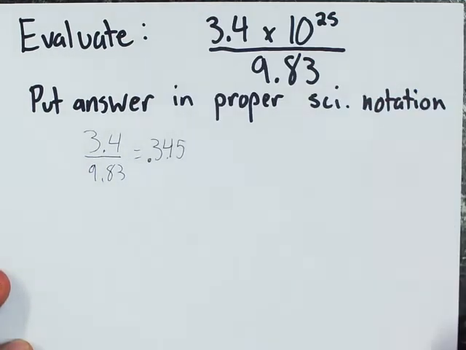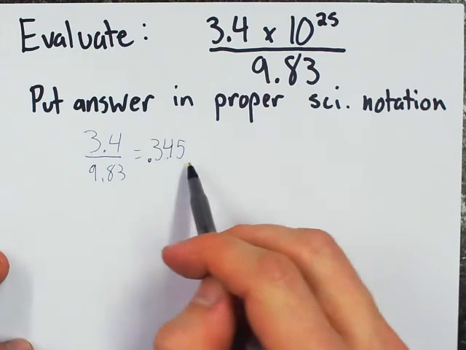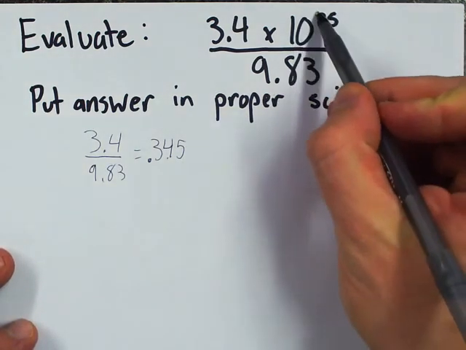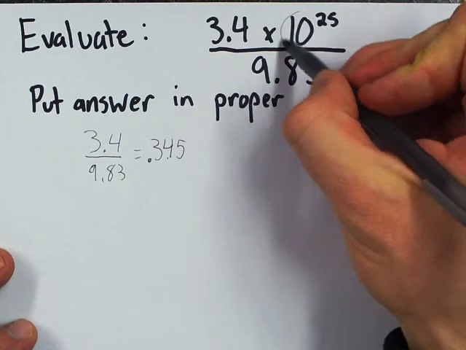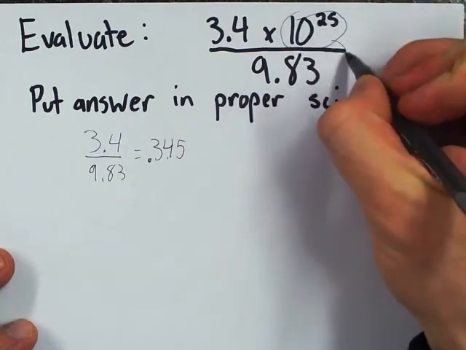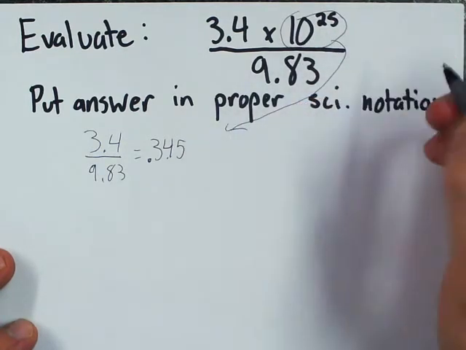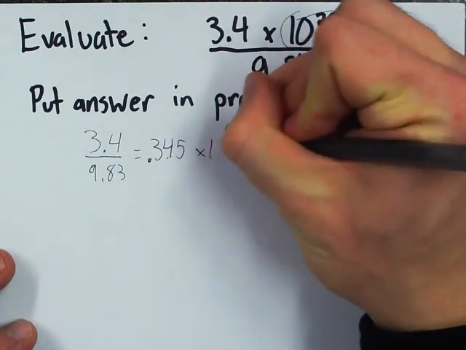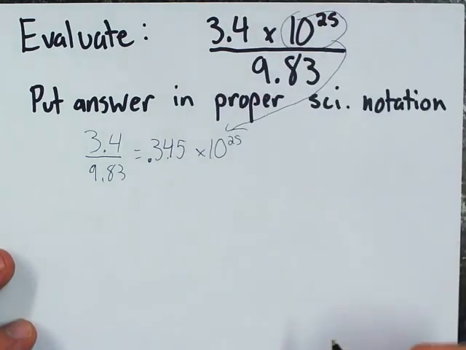0.345. So 0.345 is our value, but we ignored the base and the exponent, and we want to bring that down. We ignored it, but it comes along for the ride. It's 0.345 times 10 to the 25.